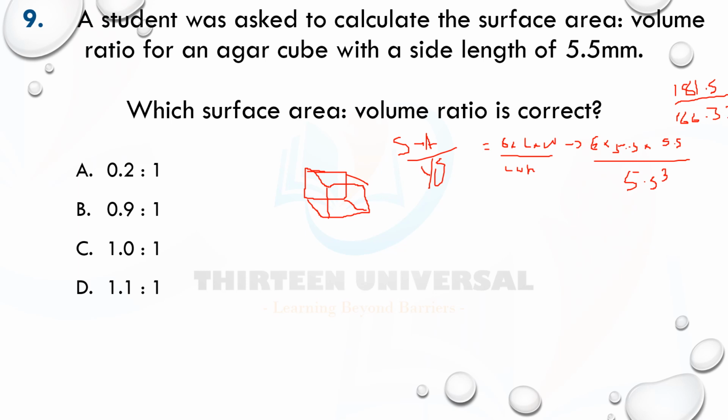So when you divide it, it's going to give us 1.09, that's about 1.1 to 1. Okay, so the answer is D. So this is 1.1, this is 1. If you cancel this out with this, that's the surface area. So D is the answer.